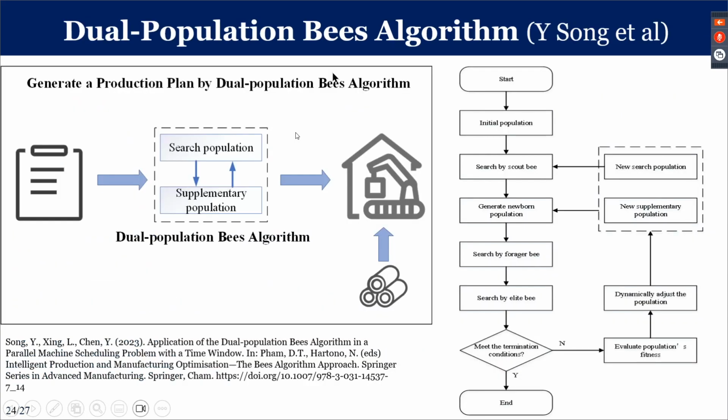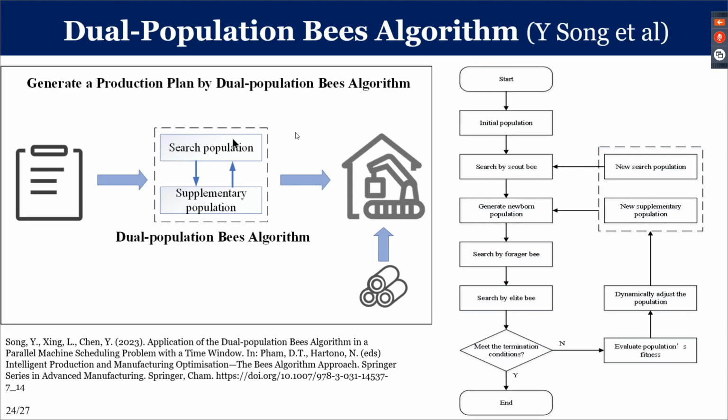The next algorithm was developed by Dr. Jianjie Song and his colleagues in China. And this is a dual population Bees algorithm. In this algorithm, there are 2 populations: a search population and a supplementary population. In the search population, we have bees that are above the average of the total population.